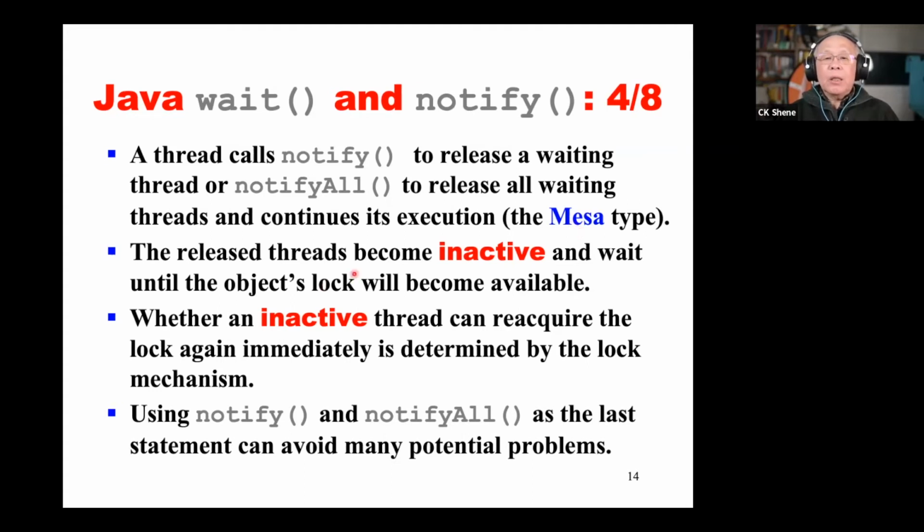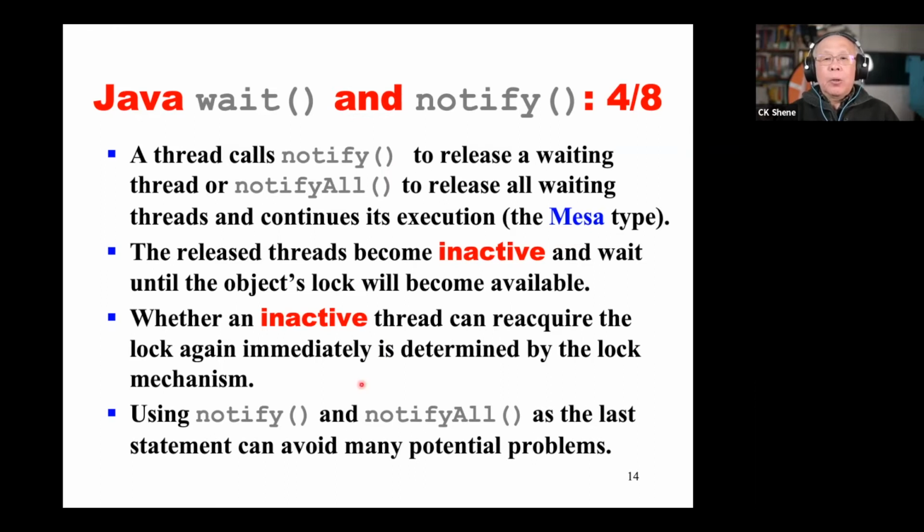So the released thread becomes inactive, as we mentioned earlier, and waits until the object's lock becomes available. Whether an inactive thread can acquire the lock again immediately is determined by the lock mechanism. For example, A is blocked because A called the wait method, and thread B calls notify to release thread A. Now remember this because Java uses the Mesa type.